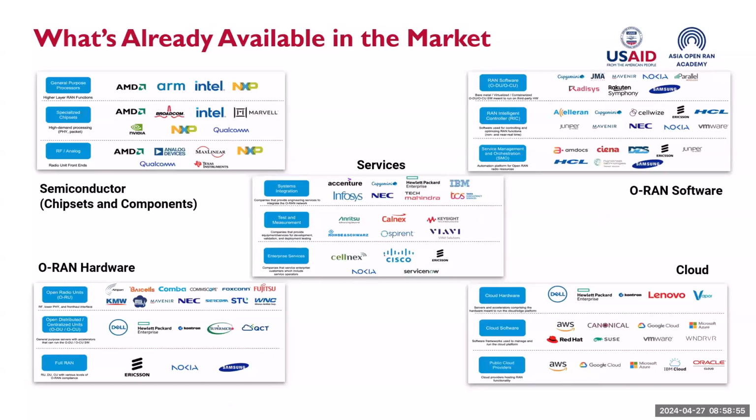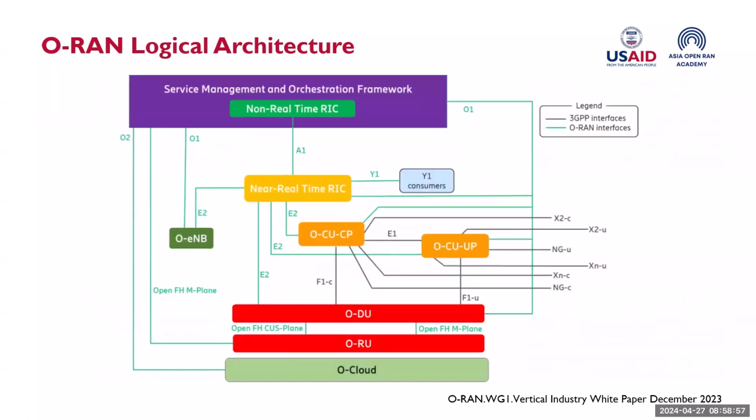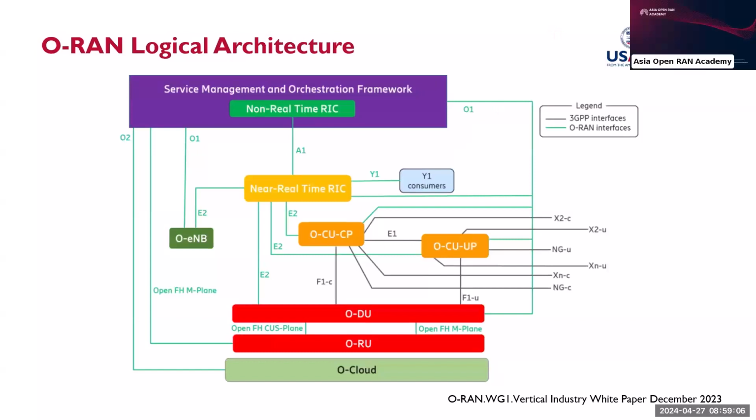Okay. Now let's see, no, what is the O-RAN logical architecture? Okay, so this is just a review, coming from the discussion by Dr. Josel Reyes last time about the Open RAN architecture during the basic Open RAN course. So you have the service management and orchestration.